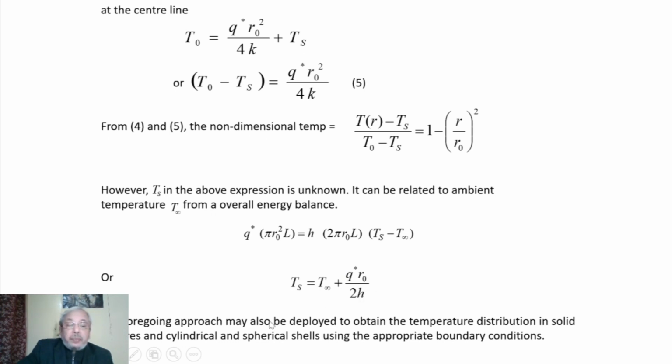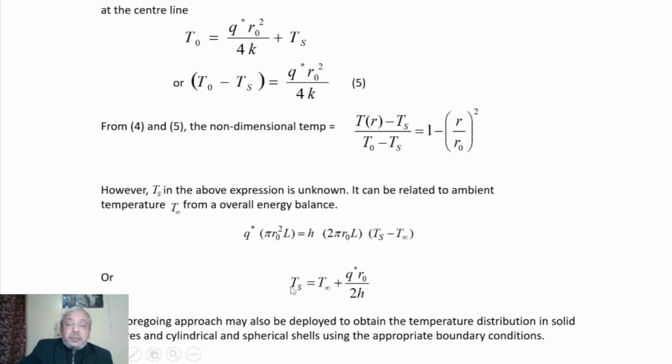The foregoing approach may also be deployed to obtain temperature distribution in solid spheres, and in cylindrical and spherical shells. So for a solid cylinder, Ts equal to T infinity plus Q star into R naught by twice h.